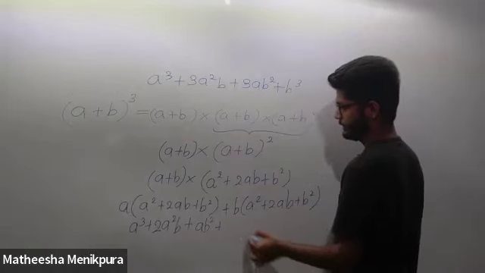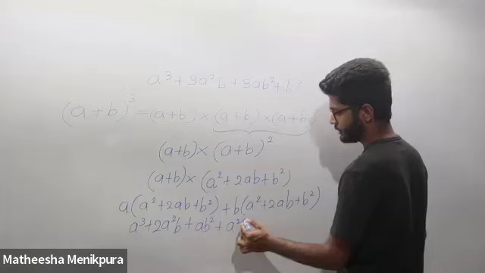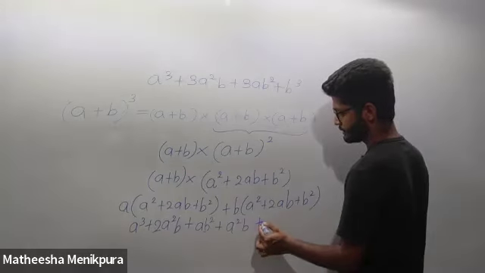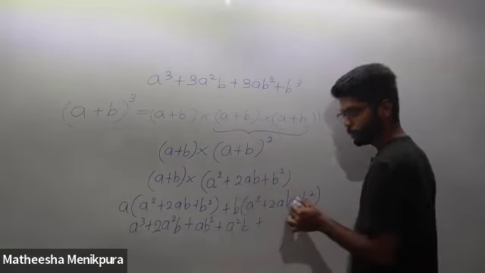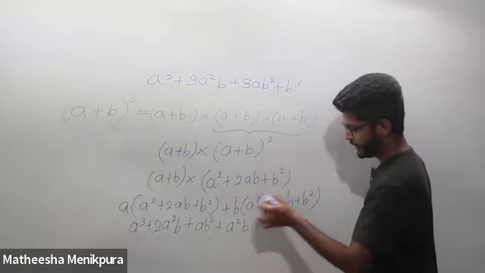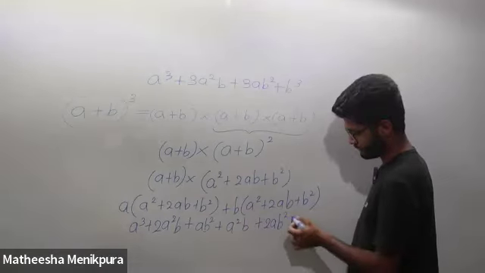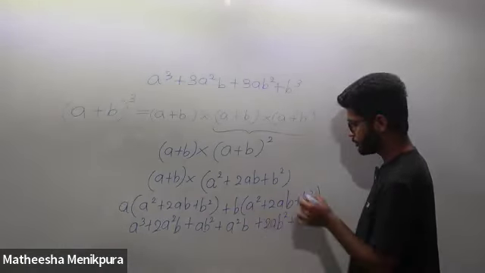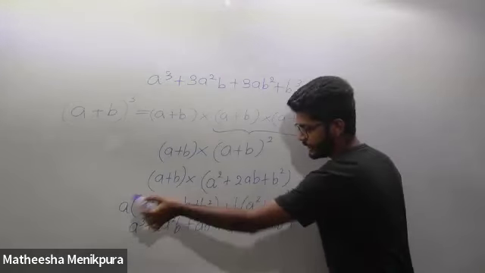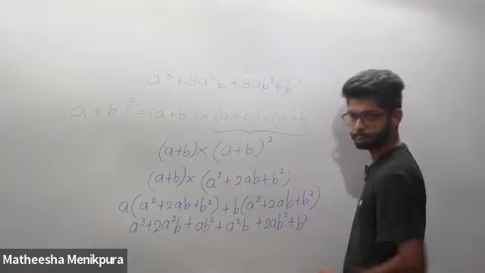Plus b into a squared, that is a squared b, plus b into 2ab, that is 2ab squared, plus b into b squared, that is b to the power 3.